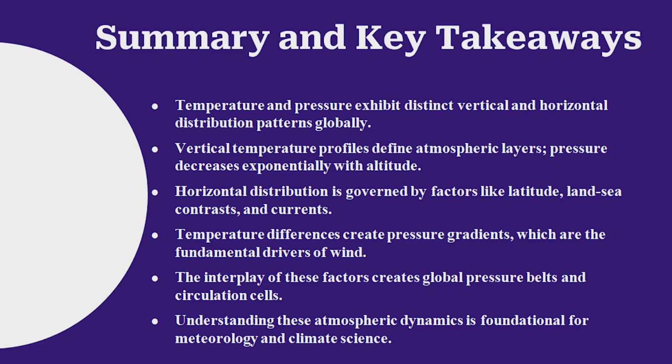The temperature differences create pressure gradients, which are the fundamental drivers of wind. The interplay of these factors creates the global pressure belts and circulation cells. Understanding these atmospheric dynamics is fundamental for meteorology and climatic science.